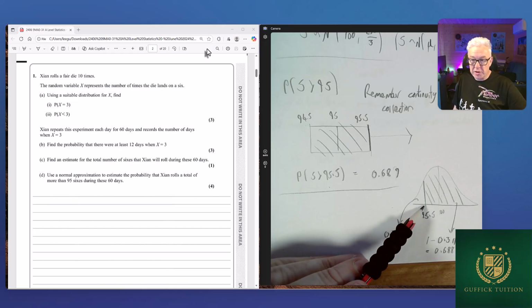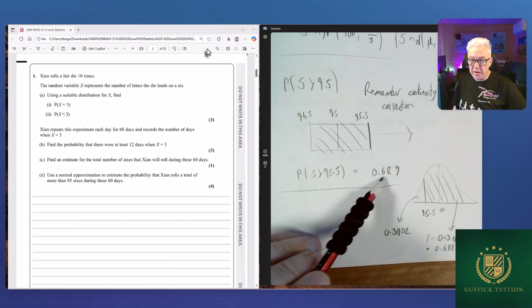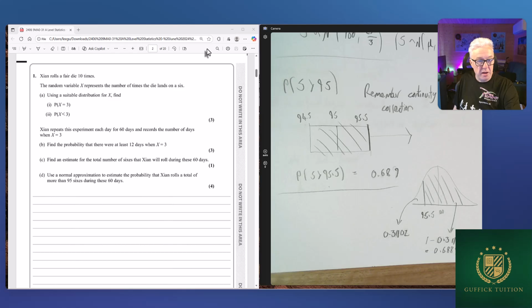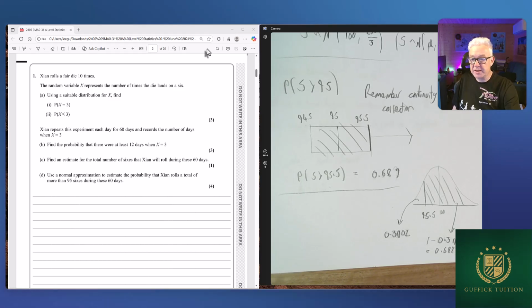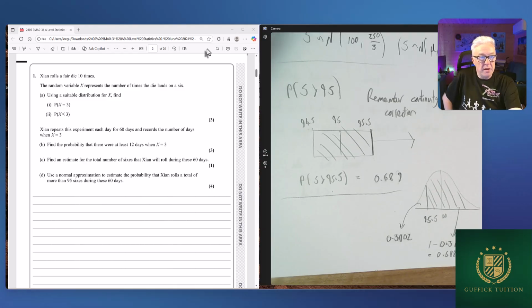Or you could set your lower limit as 95.5, put your upper limit as a really big number, and that would also give you that number directly. So that's the probability that 𝗀 rolls a total of more than 95 sixes during the 60 days, 0.689 to 3 significant figures. Perfect, I hope you found that helpful, and I'll see you in the next video.